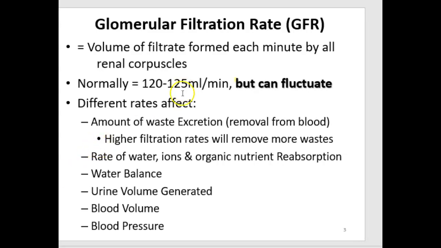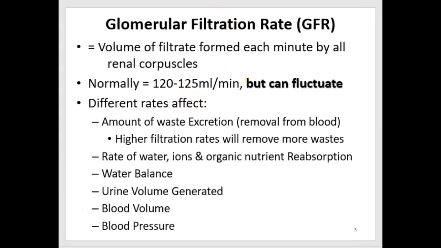Now, glomerular filtration happens at a certain rate, depending largely on blood flow. So we use this term glomerular filtration rate to judge how well a kidney is filtering the blood. To define glomerular filtration rate, or GFR, it is the volume of filtrate formed each minute by all renal corpuscles, meaning both kidneys and all renal corpuscles.